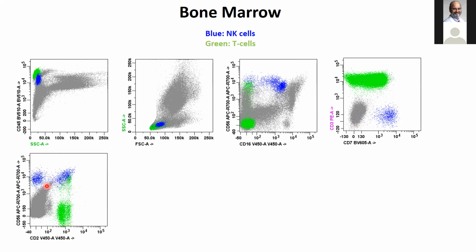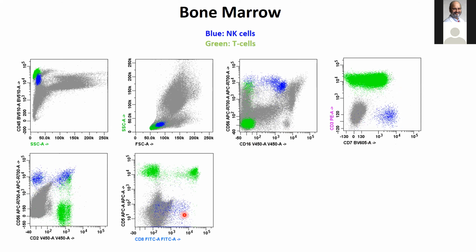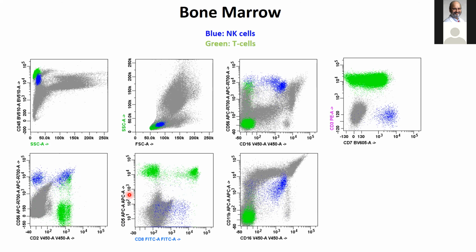All right, moving on to CD2, we can see again, you have two broad categories of NK cells here. You have CD2 negative NK cells, and you have CD2 positive NK cells. Looking at CD8, our NK cells are typically partial dim positive for CD8. And you can see here, there's a few cells expressing CD5, and I'll mention that again in another slide coming up.